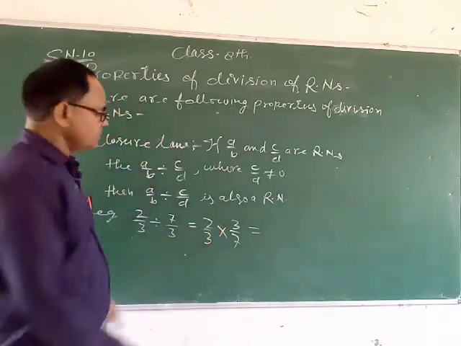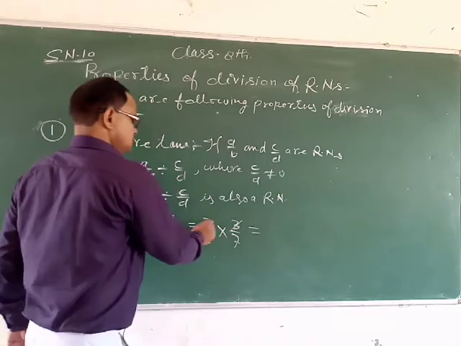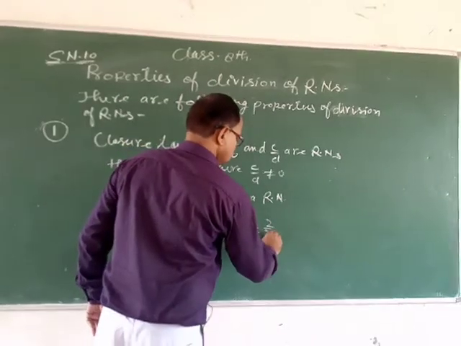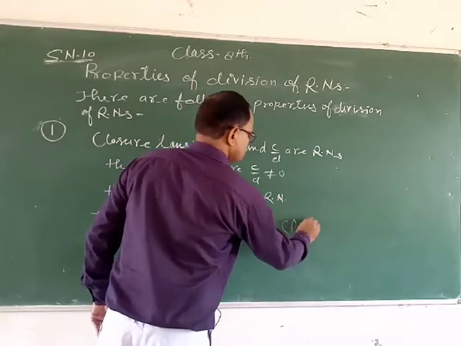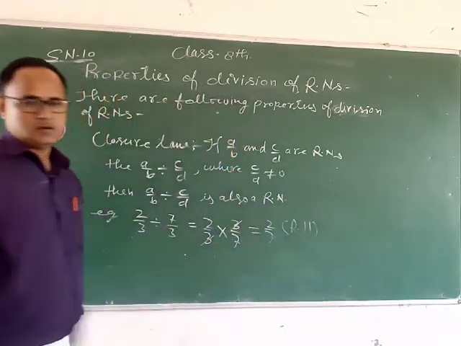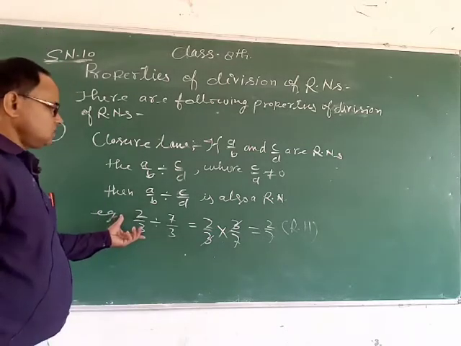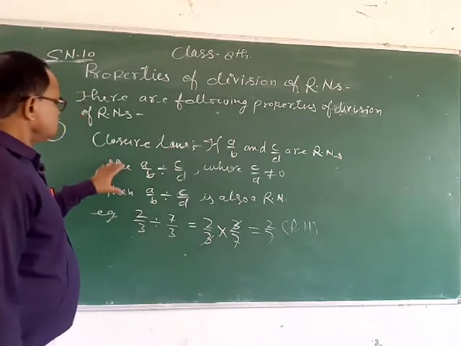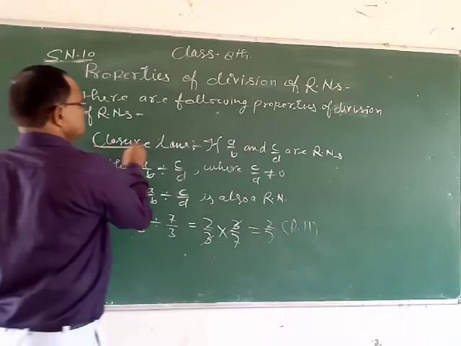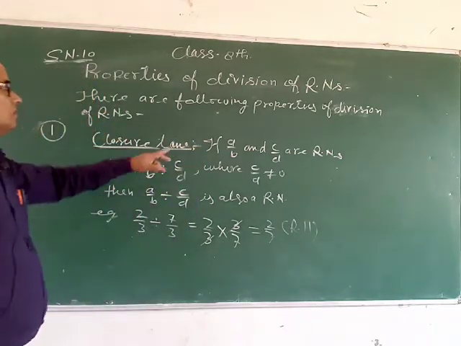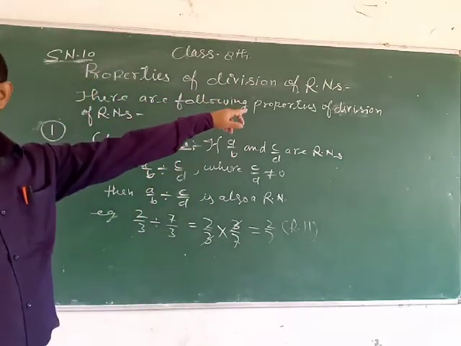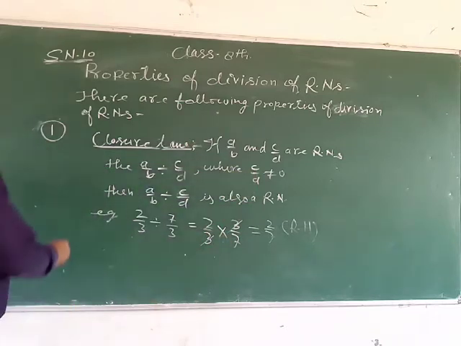Look here, 3 cancels 3, we get 2/7, a rational number. Okay, these types of questions you can solve on this basis. In this case, closure law follows in division of rational numbers. Okay, students.